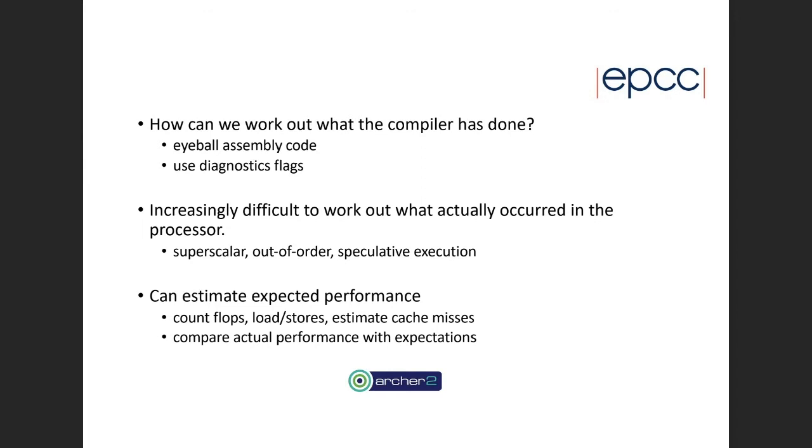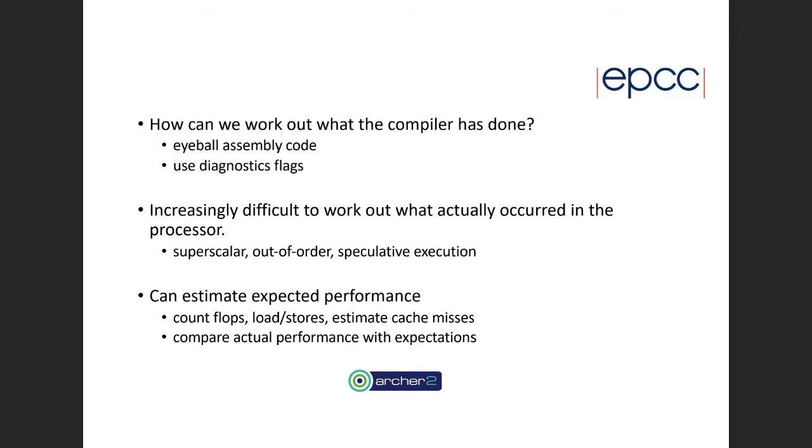That's fine. It's also worth bearing in mind that these days it's increasingly difficult to work out what actually occurred. Even looking at assembly code only tells you so much, because it's hard to work out what happened in the processor, because of all this stuff that I talked about earlier. You've got superscalar issue, out of order, speculative execution, all this magic going on in the hardware, which you can't see, can't diagnose, can never really know, essentially.